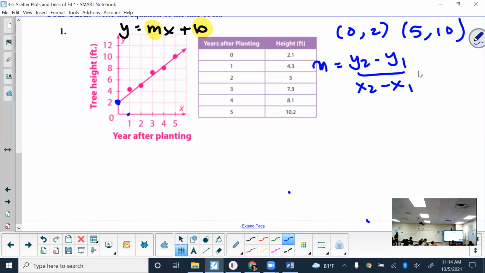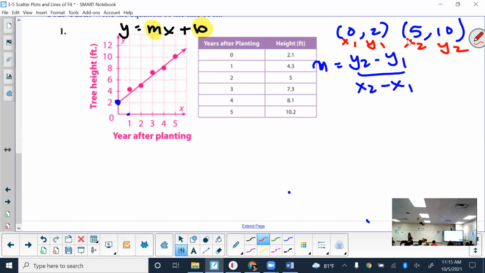When you're doing slope from 2 points, use that one. So if you don't remember how to use it, I'll refresh your memory. Just label one of them as x1, y1, the other is x2, y2, and plug it in.